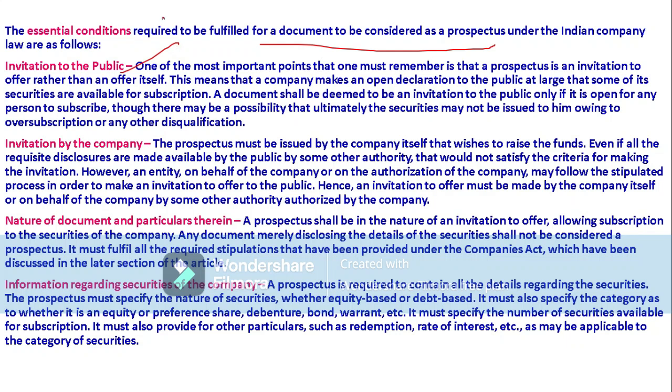While we are going for a prospectus, we are inviting the public to purchase our shares and securities, so we have to invite the public. This is essential. Next, invitation by the company. Without the company we cannot invite the public. There should be invitation by the company, then only the public approaches to purchase our securities.